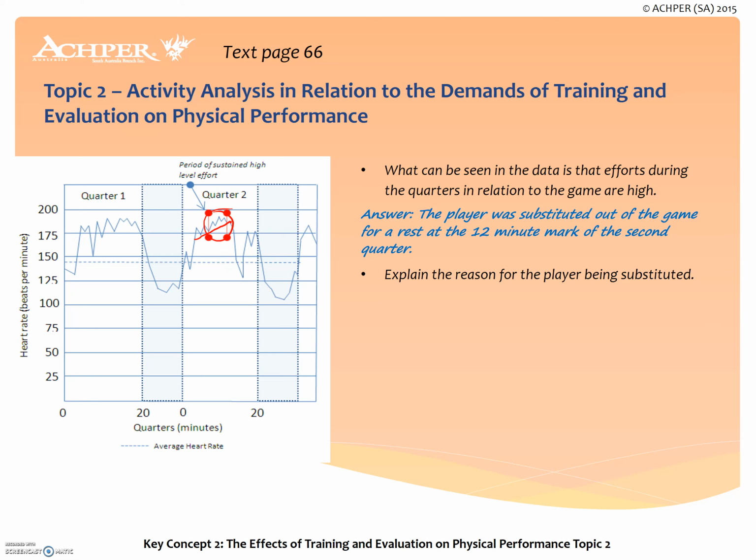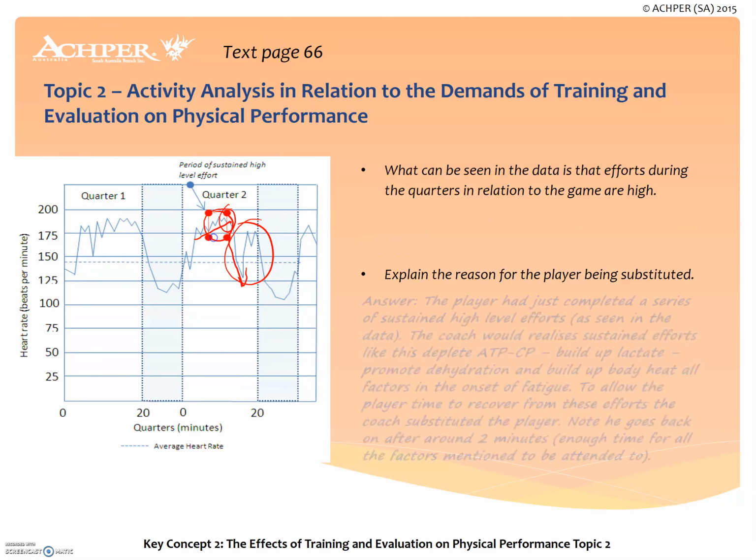So we may have got to the point where the player has suffered some fatigue and needs a brief spell to allow the heart rate to drop, to allow the PC to replenish, and to remove some of that lactic acid, so they can get out for that last period of the game and perform at a higher intensity.